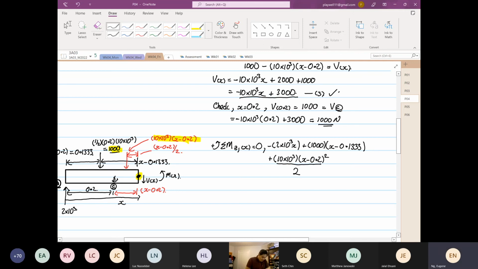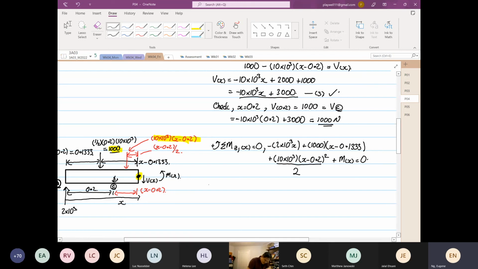And then you plus m as a function of x, and this is equal to 0. When we tidy it, I'm not going to make it to a simpler form. I'm going to write the equation, then I'm going to sketch the shear force and bending moment diagram.